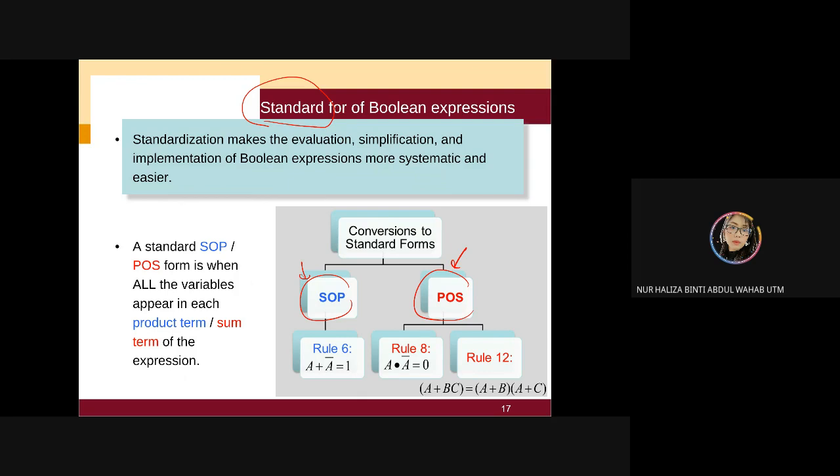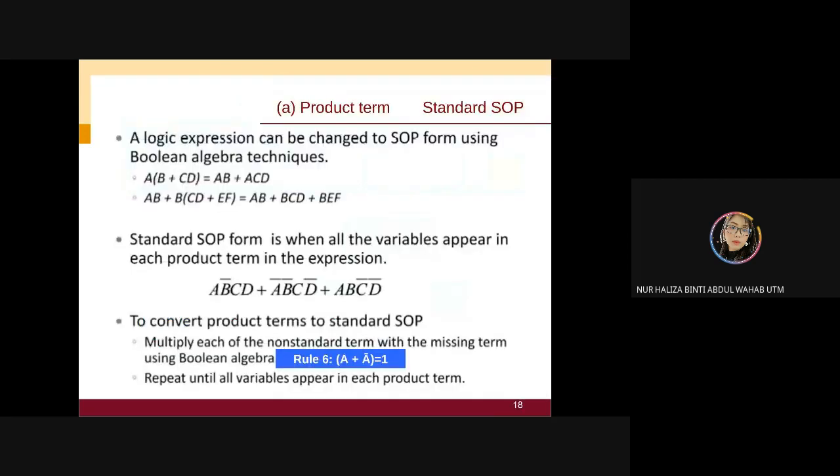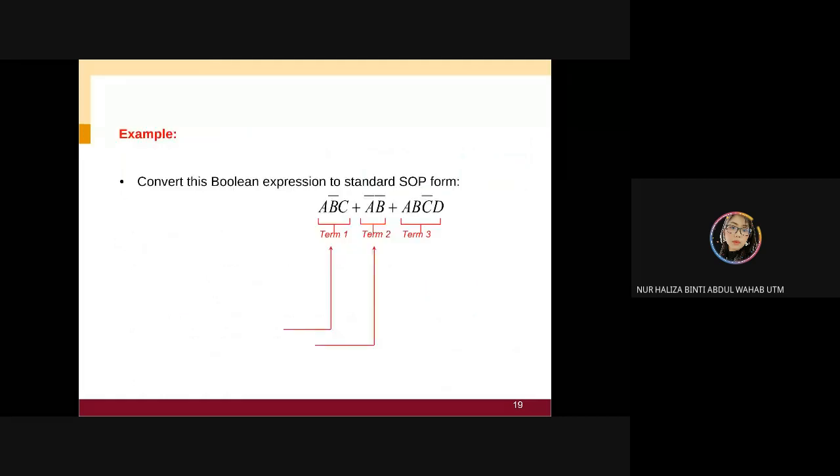It's okay. Now, under SOP, we already learned how to convert our non-standard form to standard form for our SOP.